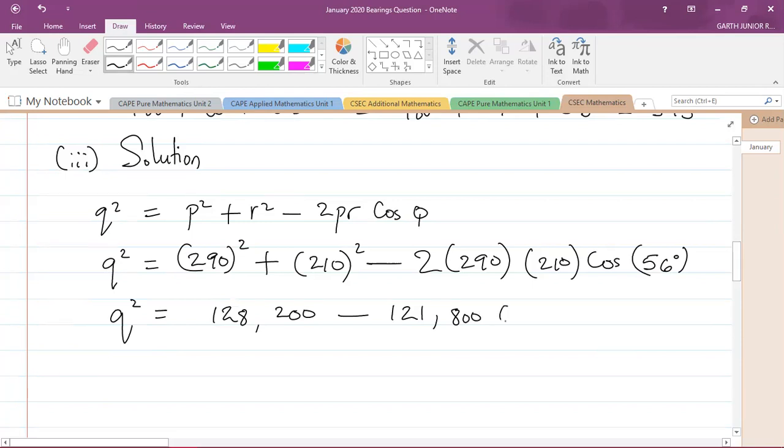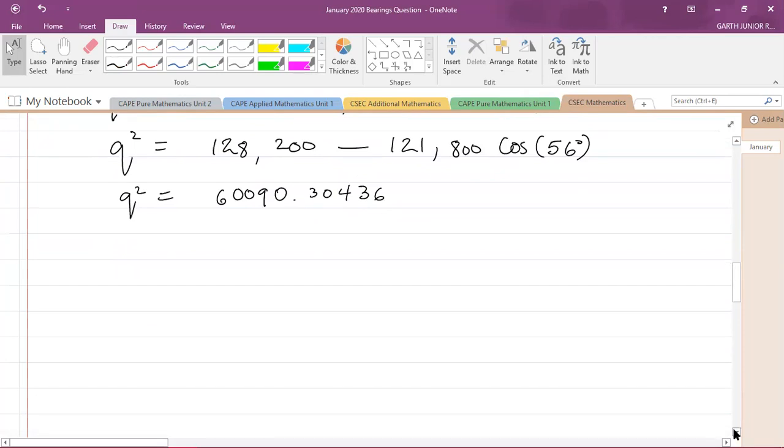Remember that we're multiplying that by the cosine of 56 degrees. So I'm just going to put all of this into my calculator, and I will get 60,090.30436. Those are all the digits in my calculator. So I now have q squared equal to that number on the right hand side.